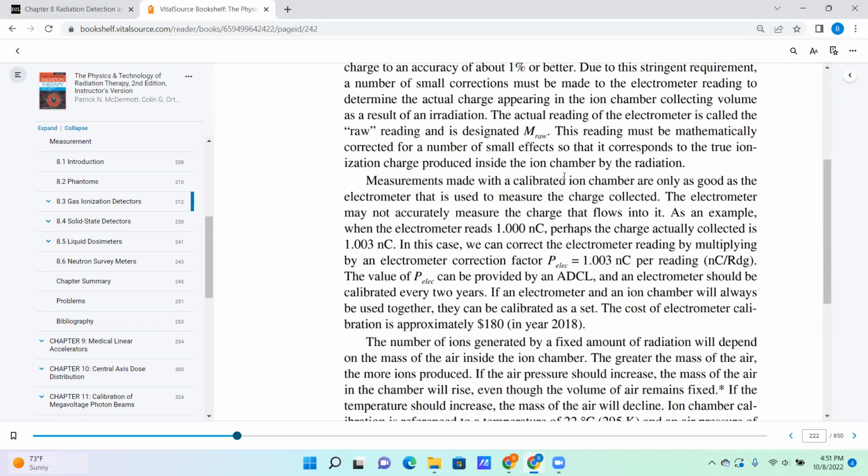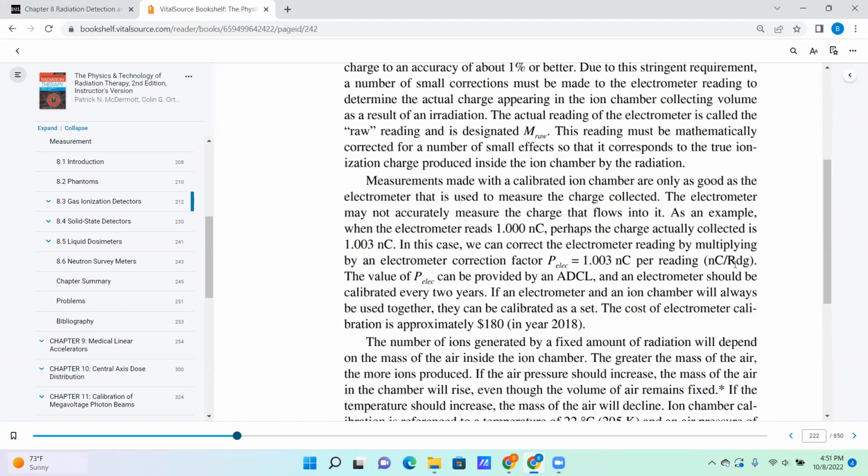So, measurements made with a calibrated ion chamber are only as good as the electrometer that is used to measure the charge. The electrometer may not accurately measure the charge that flows into it. As an example, when the electrometer reads 1 nanocoulomb, perhaps the charge actually collected is 1.003 nanocoulombs. In this case, we can correct the electrometer reading by multiplying by an electrometer correction factor.